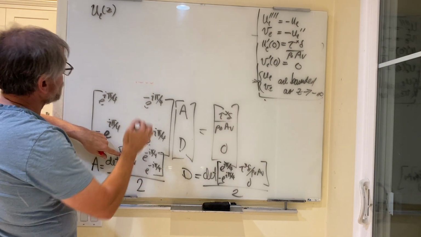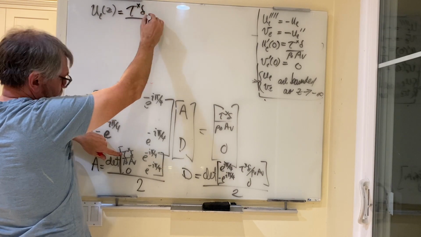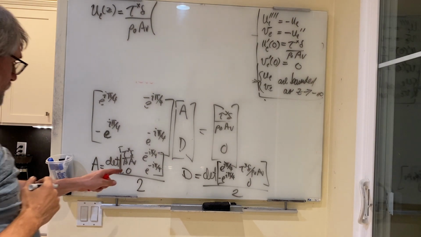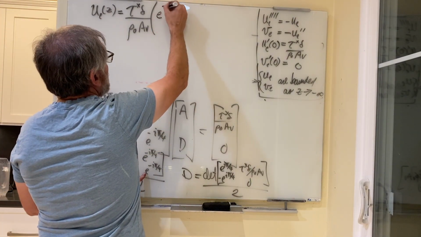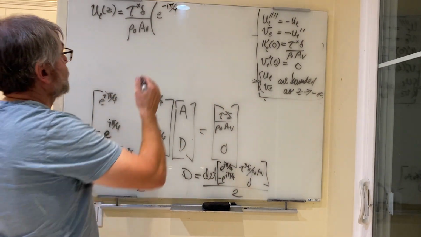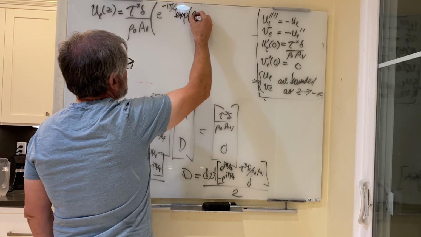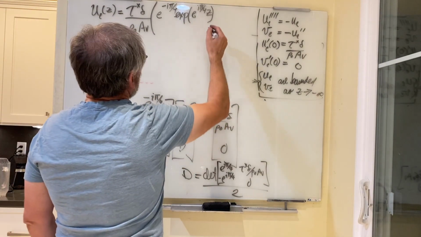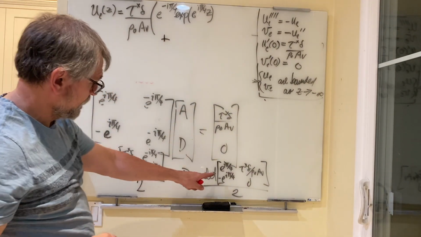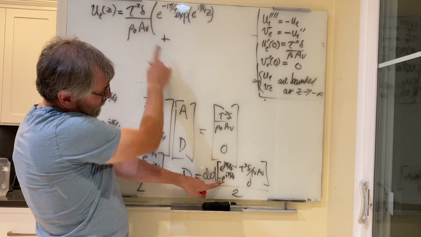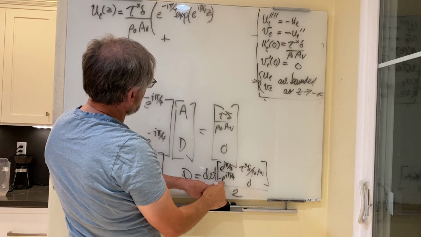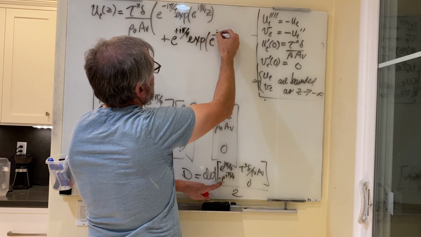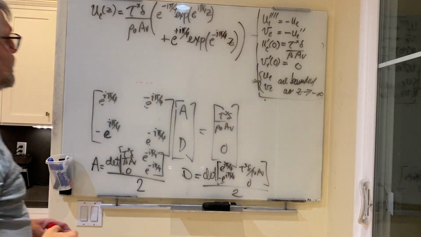So A is this times this, so it is equal to tau x delta over rho naught AV, open parenthesis, this e to the minus i pi by 4 times the original solution, which was exponential e to the i pi by 4 z, plus D. And D is this times this minus this times that, so again I get this factor tau x rho naught over AV, and now I also get an e to the plus i pi by 4 times exponential of e to the minus i pi by 4 z. So that's what u_e of z is.